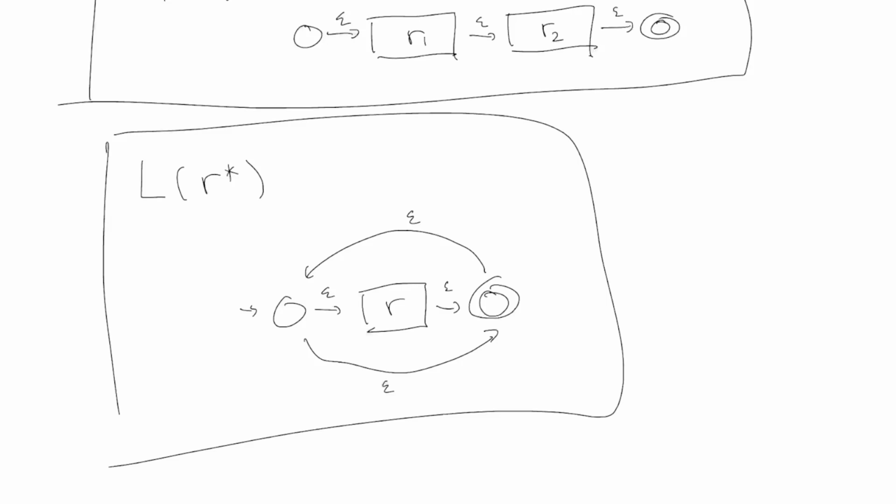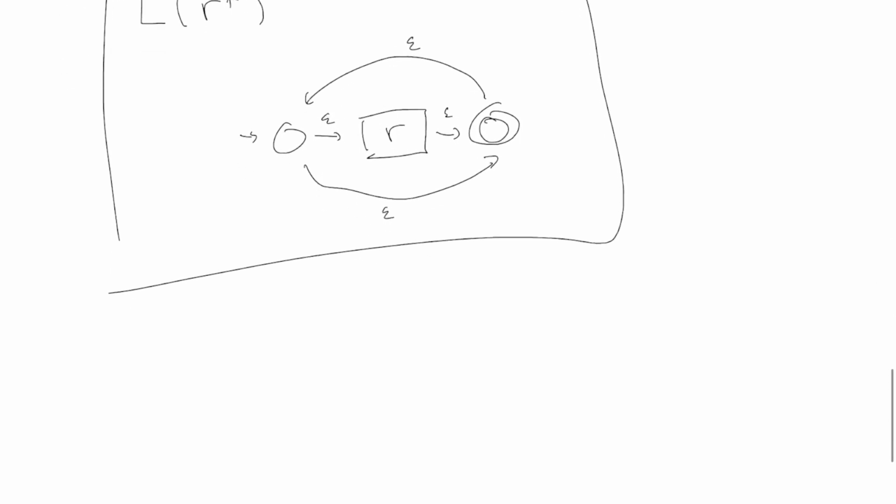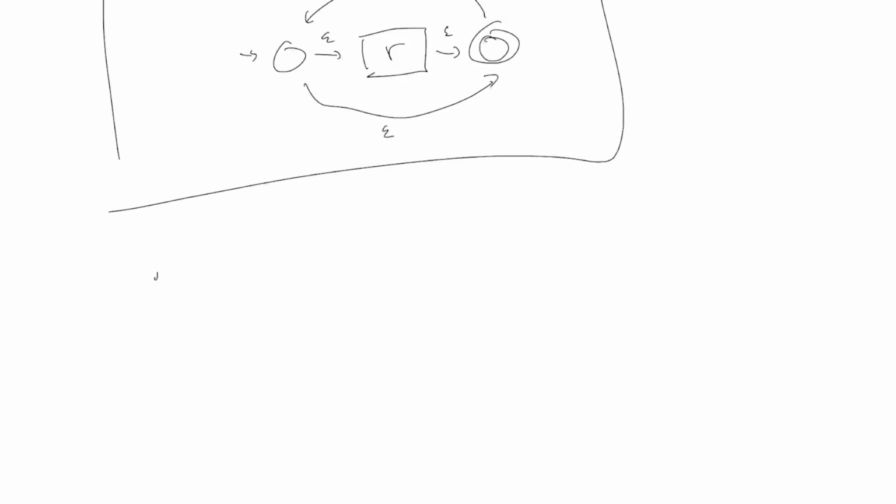And every larger regular expression can always be broken down into these little bits and then patched together. So as a fancy example, can we try something like how about an NFA for (A+B)A, right?